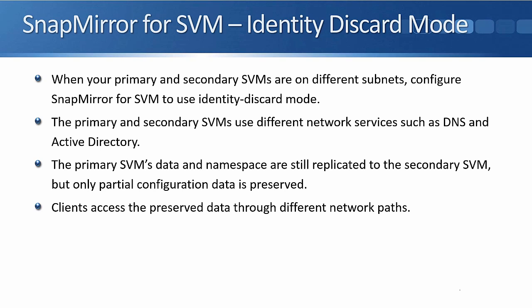The primary SVM's data and namespace are still replicated to the secondary SVM, but only partial configuration data is preserved. So we're not going to copy everything across there like IP addresses and things like that. So this will require some reconfiguration when you need to do a failover. Clients access the preserved data through different network paths when you do a failover.